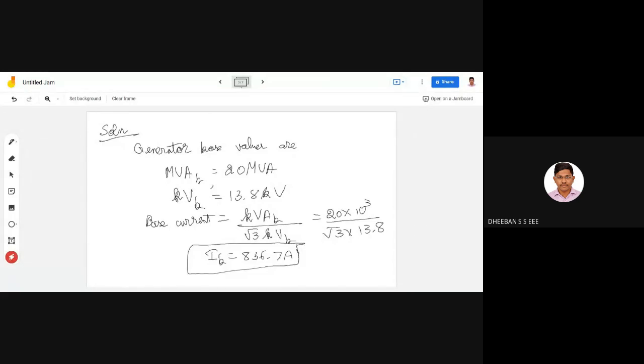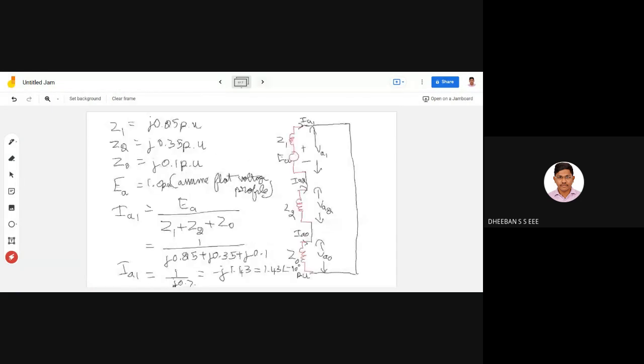So many electrical equipments like circuit breakers and insulators will be designed to tolerate such a high amount of current. Okay, so I hope now we have got the idea about the base current, and now we'll be moving towards the sequence diagram. So this is your sequence diagram.